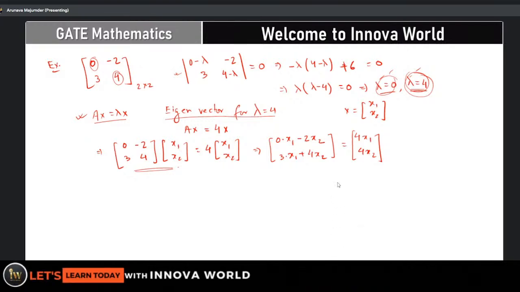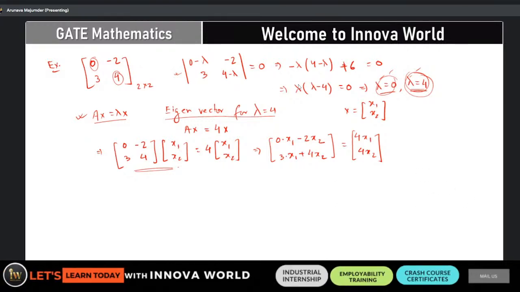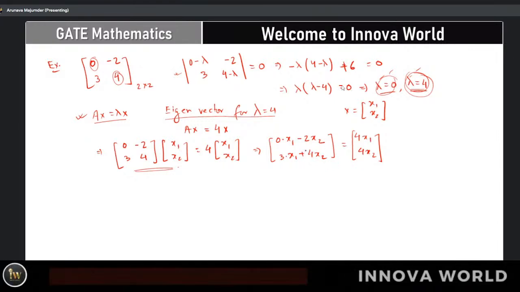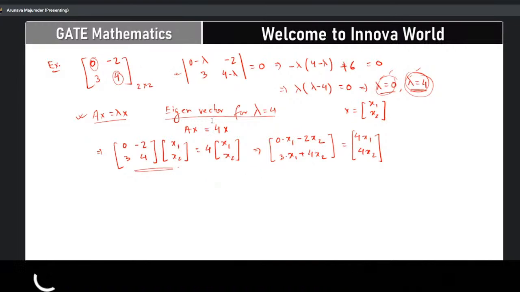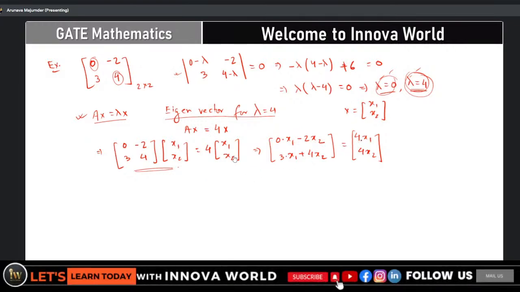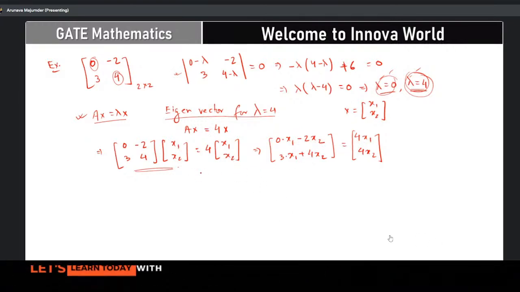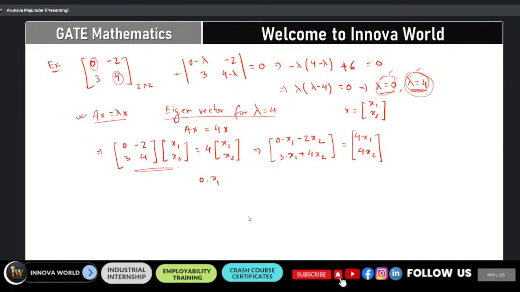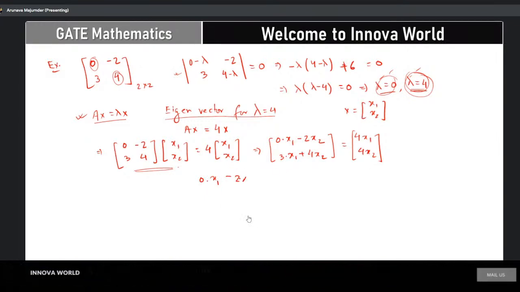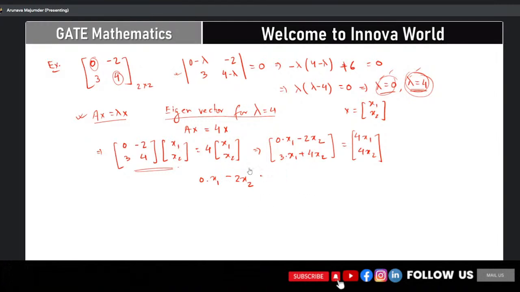So again, we have to write it as a system of linear equations. Here we get two equations. The first equation is 0 into x1 minus 2 into x2 equal to 4x1.